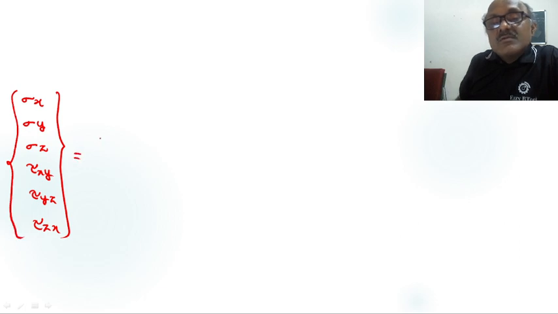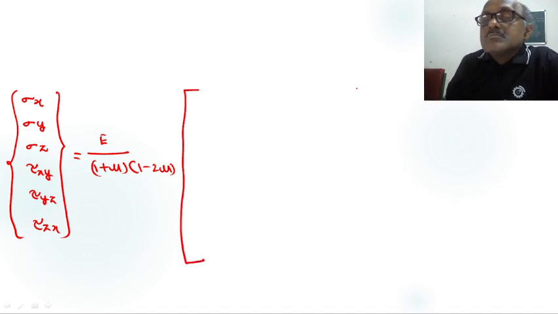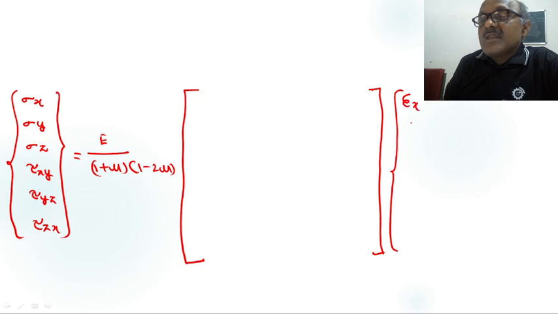that is equals to E by 1 plus mu into 1 minus 2 mu, times the matrix, multiplied by epsilon x, epsilon y, epsilon z, gamma xy, gamma yz, gamma zx.